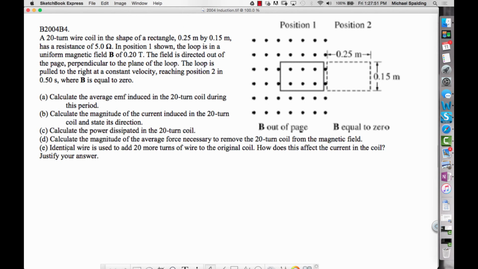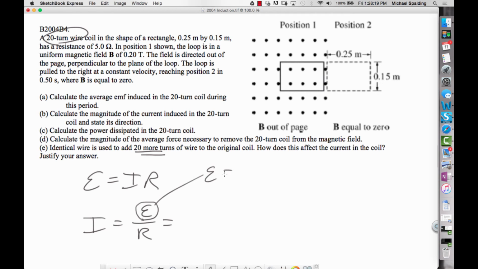Okay, part E. All right, identical wire is used to add 20 more turns of wire to the original coil. How does this affect the current in the coil? So let's start with Ohm's Law. E equals IR. So current is going to be induced voltage over resistance. Now, what's going to happen to the induced voltage? If we add 20 more turns, which is basically doubling the number of loops, well, what's our equation for induced voltage?